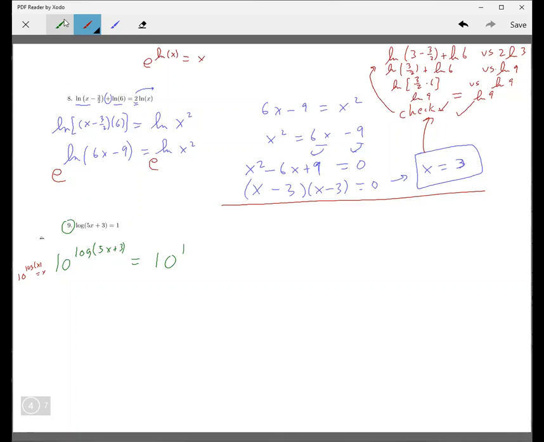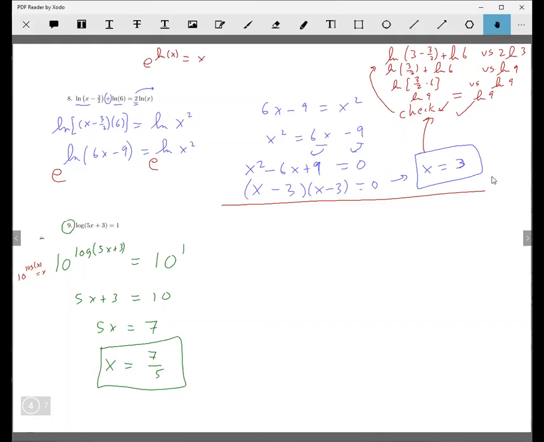So all this is just going to give you 5x plus 3. And 10 to the 1 is just 10. Okay, so now the 3 can go over here. So subtract 3 from both sides, that's 7, and divide by 5, so that's 7 over 5. Okay, so it's that.